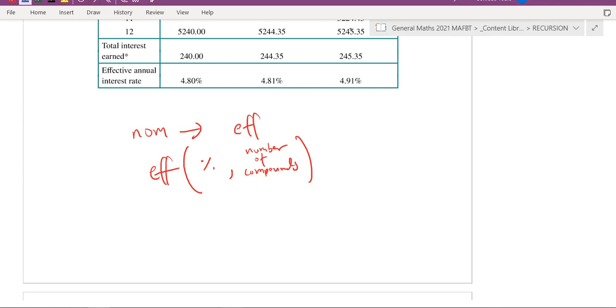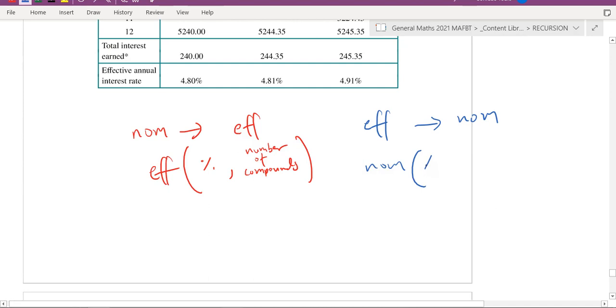And then if you want to go backwards, effective to nominal, you would write nom, and the same thing, the percentage rate that was given. So this would be the effective percentage, comma, number of compounds. Okay, and that's how we swap between the two.